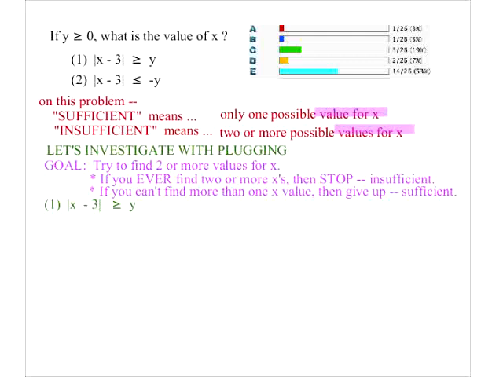Okay. So statement one, if you understand this, by the way, do not approach problems until you understand what you're doing. This is one thing where people have a lot of trouble in data sufficiency because they don't actually take the time to figure out what they're doing before they do it. So you can see how that would be an issue. So statement one, if we can get X to have two or more values here, then that's insufficient. So let's try that.